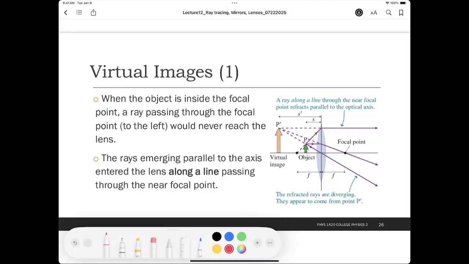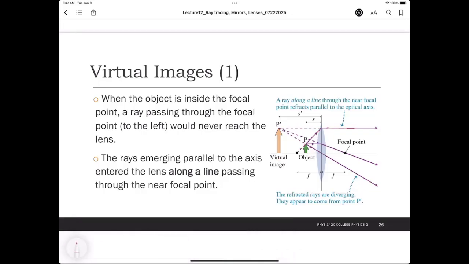You can see the ray emerging parallel to the optical axis enters the lens, this one, along a line passing through the near focal point.